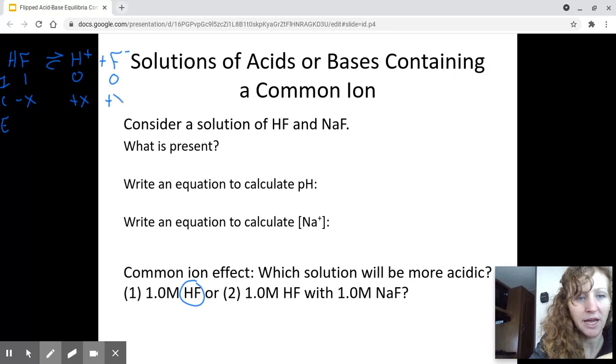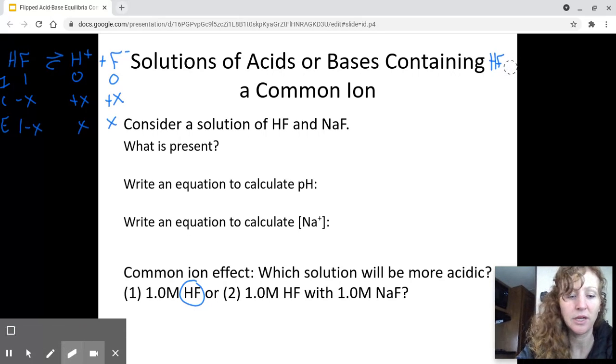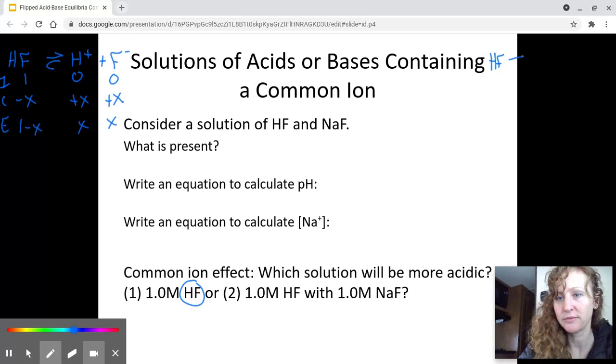Okay, this is a weak acid, so I'm going to have X as my change. Now, I'm going to have the same thing on this side. Remember, I just care about my hydrogen concentration.